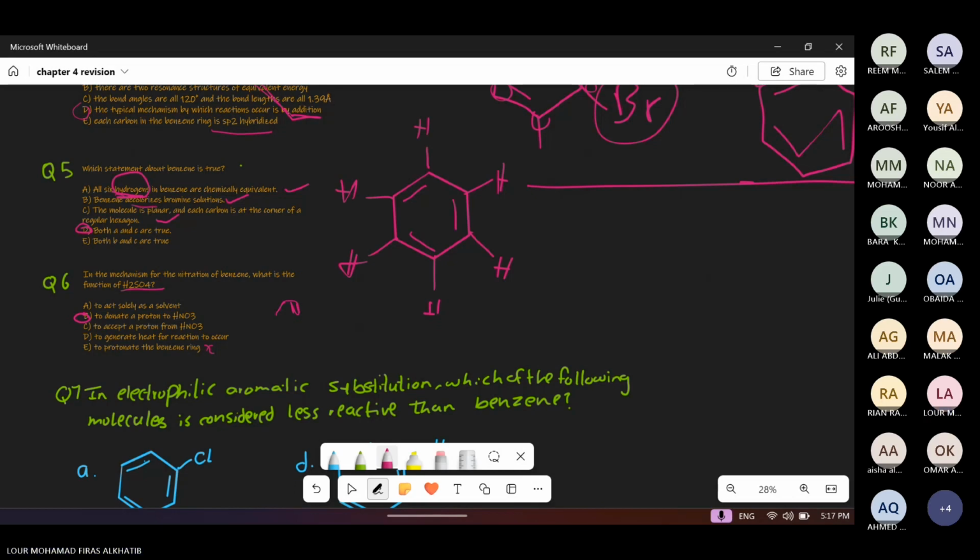Yes. What do we know about the carbons? Each and every single carbon, we know that they're all chemically equivalent to each other, right? What we know about benzene very well is that because of resonance, all our carbons are chemically equivalent. Now let's look at these hydrogens. They're all bonded to these carbons.